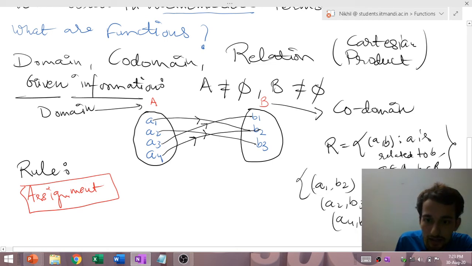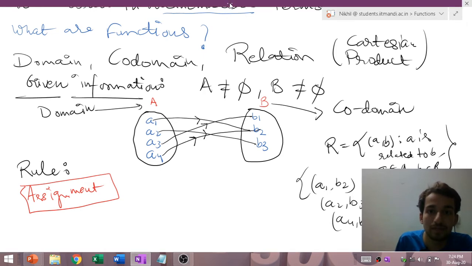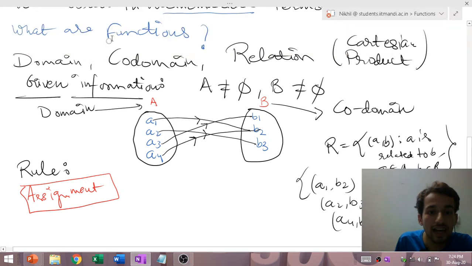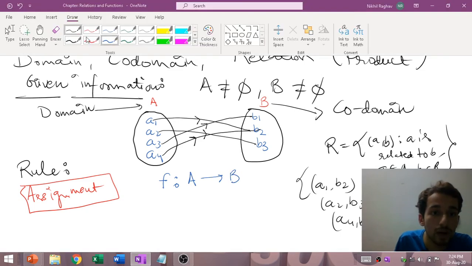And now I collect all these. So this is again a relation, but a special kind of relation which we have got, and such a relation is called a function. Such a relation is called a function. And if I now use some notation, small f, from this set A to set B. Observe, this notation is very important for us.